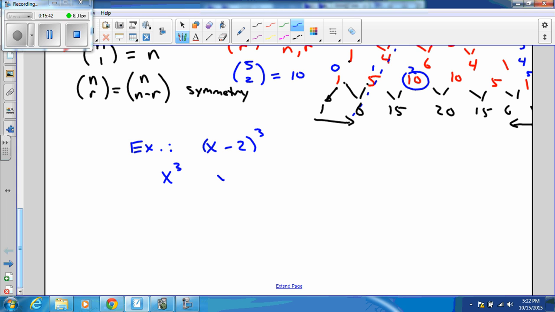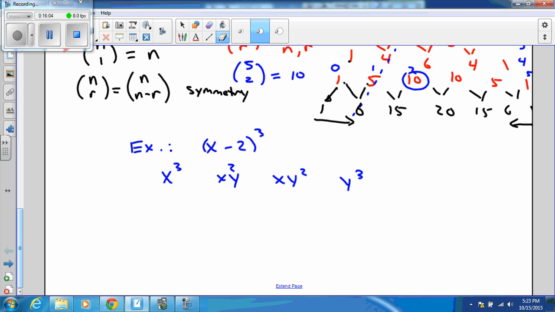Using the binomial theorem, I can write that with decreasing powers of x, x to the 1, of course, is just x, and x to the 0 is going to be 1, which is invisible, and increasing powers of y, starting at 0 and working our way up to 3.